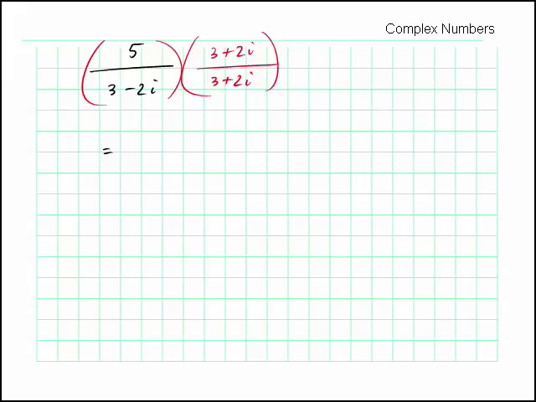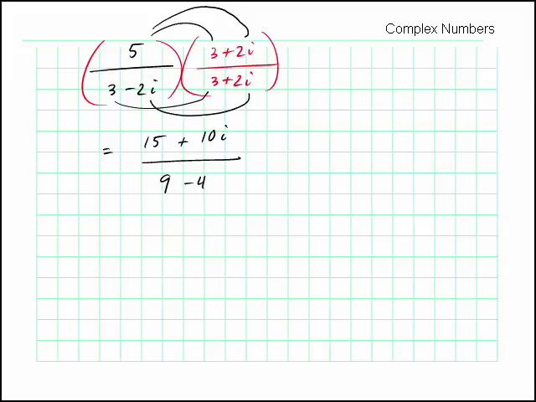In the numerator, I'm going to distribute. 5 times 3 is 15, plus 5 times 2i is 10i. For the denominators, that's my difference of squares pattern, so the middle terms cancel. 3 times 3 is 9, and then minus 2i times 2i is minus 4i squared.